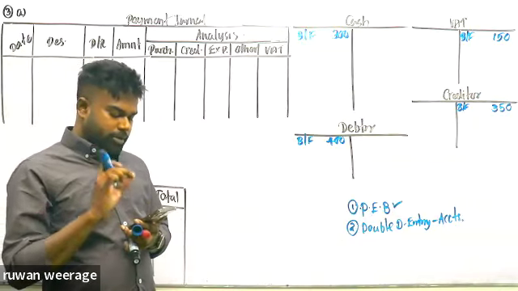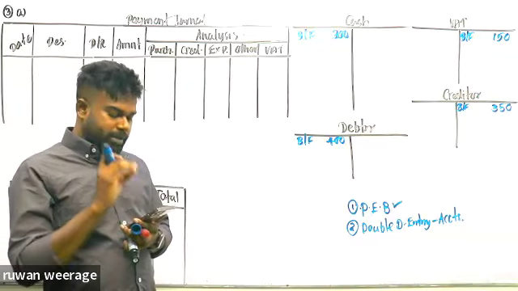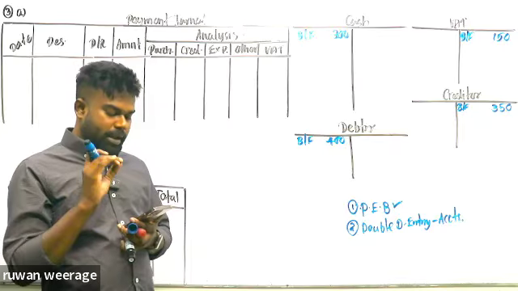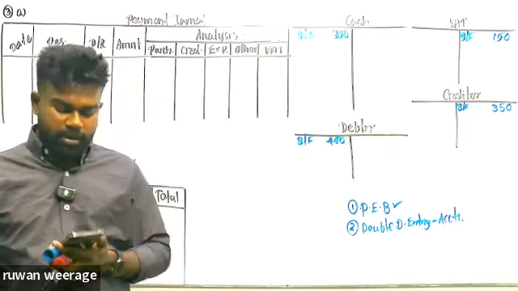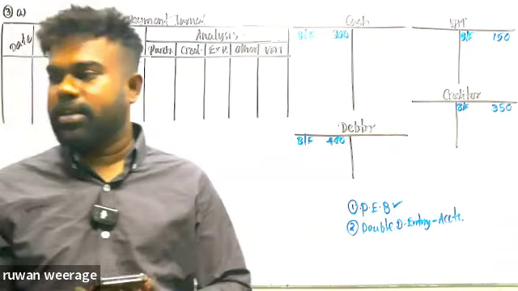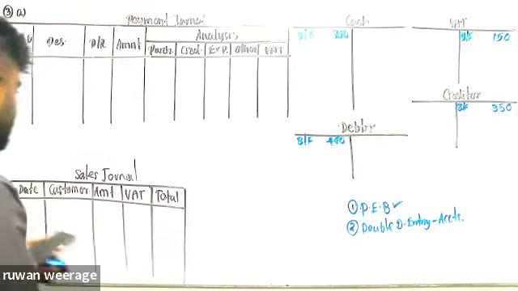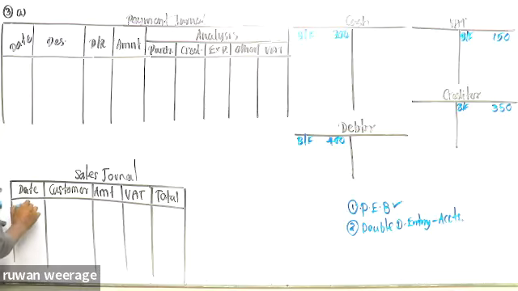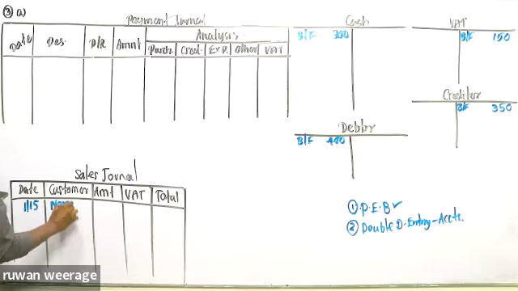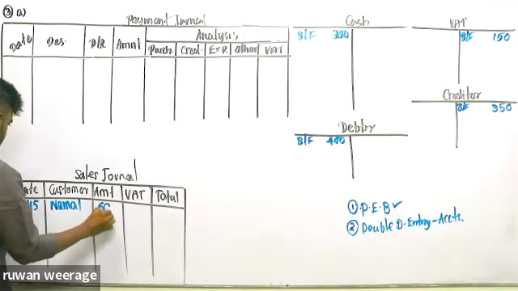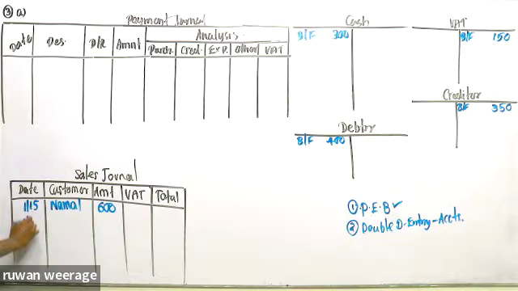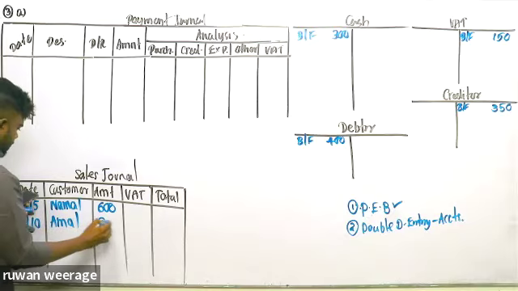Following transactions occurred during the period, credit sales related. Date, customer, sales before VAT. This is like credit sales. So here 600 and 800 means credit sales or cash sales? Credit sales. What is the prime entry book? Sales journal. Record them without VAT: 600, and Amal 800. So calculate the VAT.